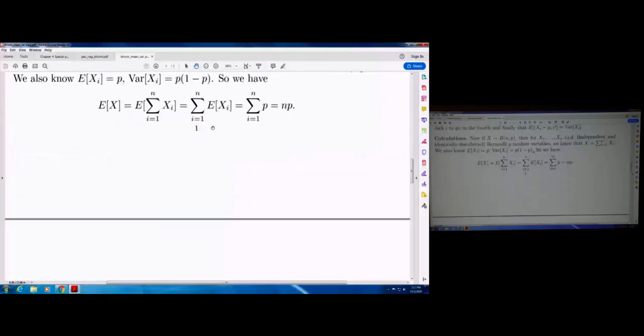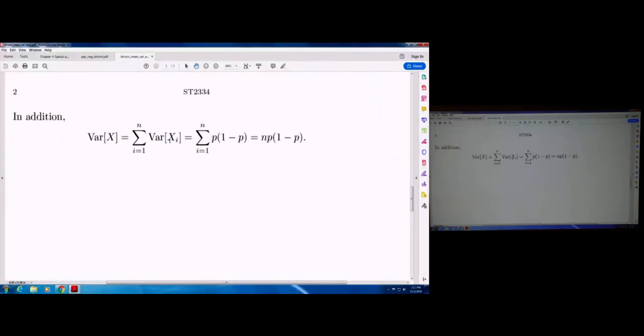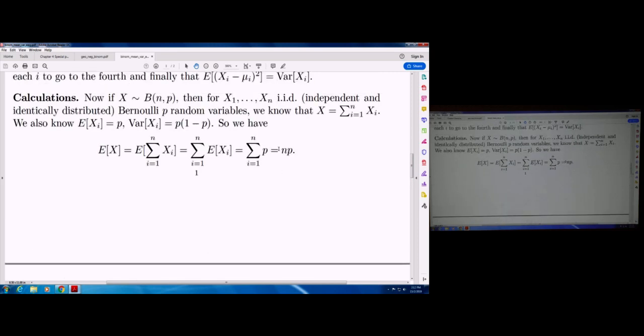Now the variance of each Xi is p times (1 minus p), and this is the same for each i, so p(1 minus p) is summed n times. So I have n times p times (1 minus p), or npq as stated in the lecture notes. You can see there's a little bit of work to be done, but it's much easier than going straight to the definition.